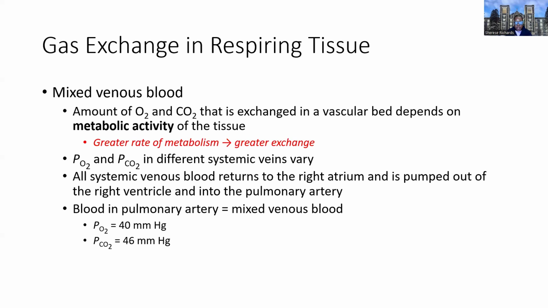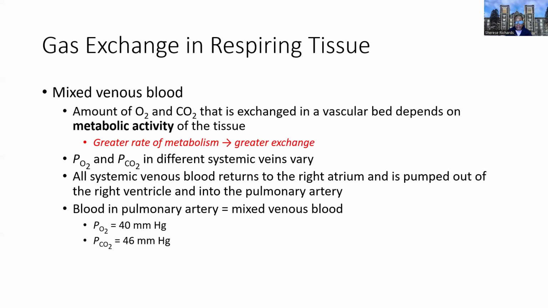Now, in terms of the direction of flow, that blood is going to undergo exchange in the capillary bed. As it moves back towards the systemic veins, it's going to the right atrium, then the right ventricle, then the pulmonary artery. Then it's going to be mixed in all of these areas, right? Especially the pulmonary artery.